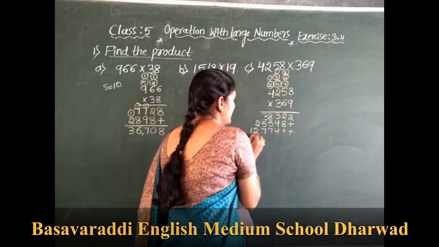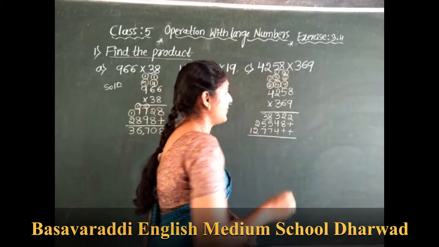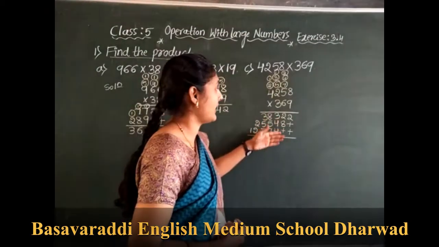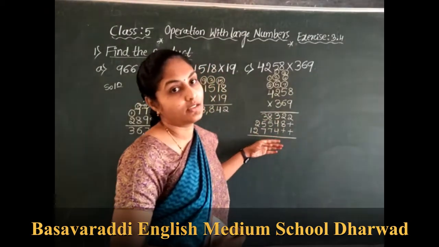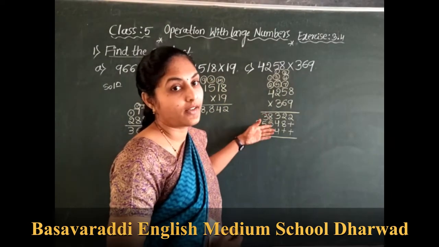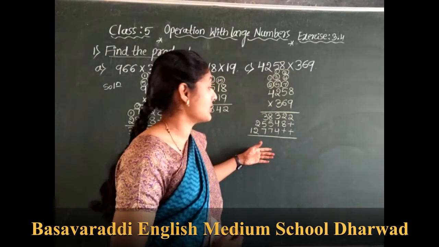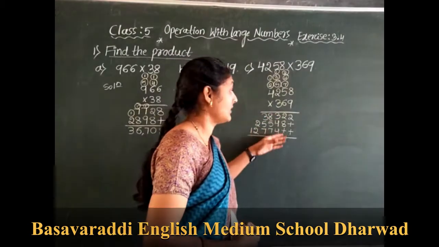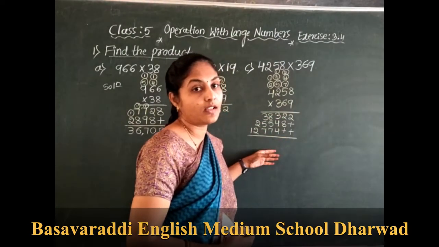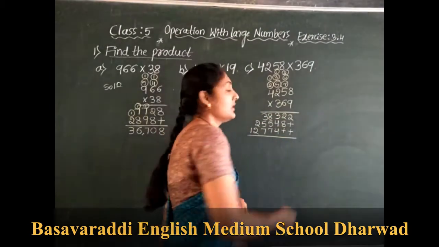So right. Here remember, these are the addends we did in the 3.1 and 3.2 exercise. What are the addends and what is the sum there? After derivation of the addition we get the sum. So do the addition now.